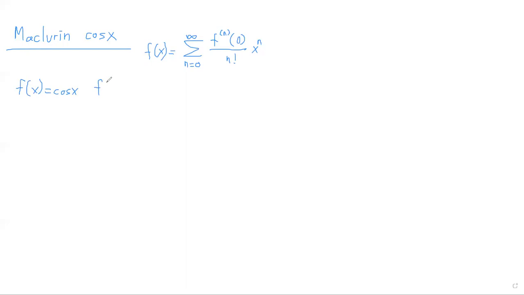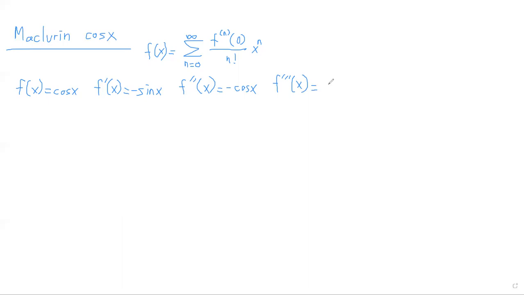F prime is negative sine x. F double prime of x is equal to negative cos x. f triple prime is equal to, let's see, that's negative cos x.